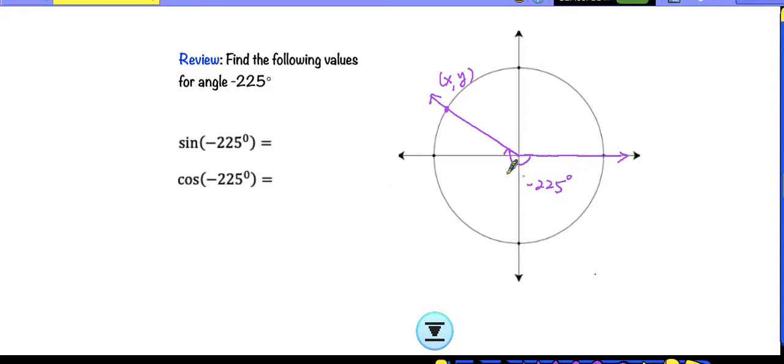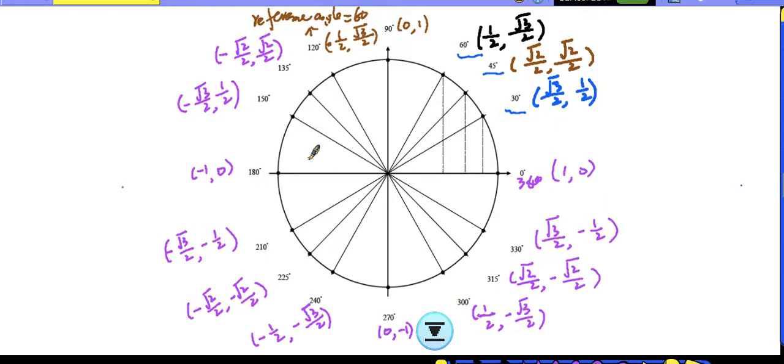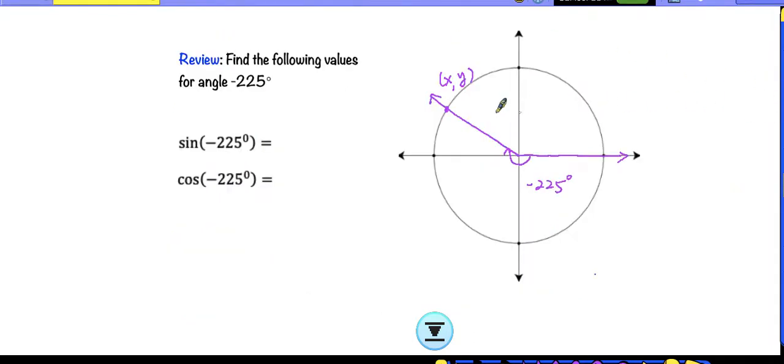So let's go back to check which angle has the same terminal ray as 225. The reason we mention that is because 225 has the same terminal ray as 135 degrees, and we already see that the coordinates are negative. So let's write down here, this is negative.